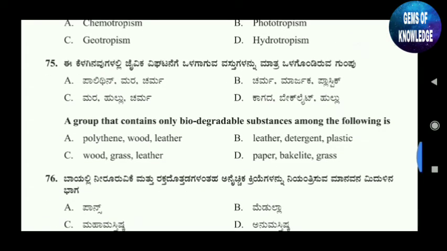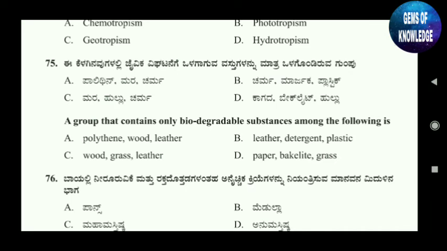Next, 75th one, a group that contains only biodegradable substance among the following is. So biodegradable substances are those substances which can easily mix up into our soil without affecting that particular area.